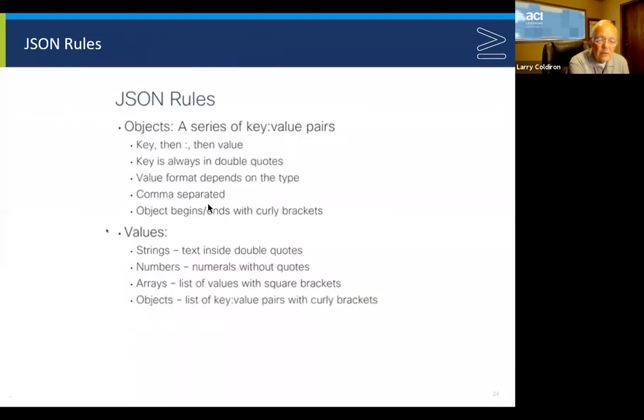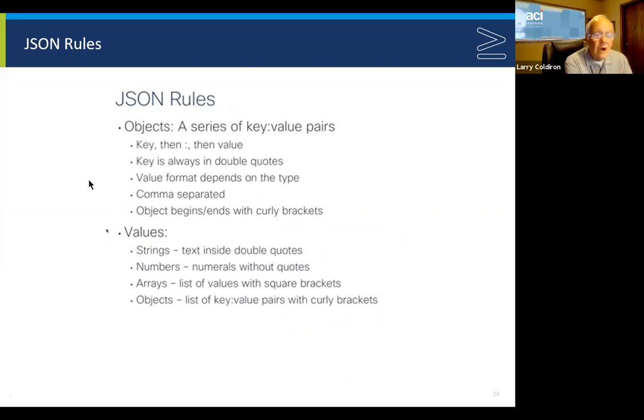The one that you really want to focus on here is JSON. JavaScript Object Notation, I think is what it stands for. The objects are going to have key value pairs. The object is a series of key colon value, key colon value, key colon value. So key and then a colon and then the value.